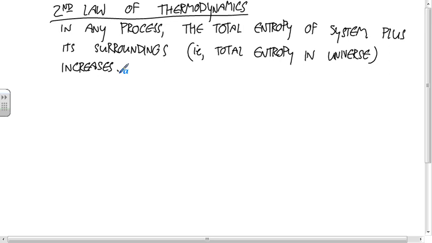Everything will be the same temperature and there'll be no motion anymore because no work can be done. Eventually, then that entropy will just reverse as the universe collapses in on itself.